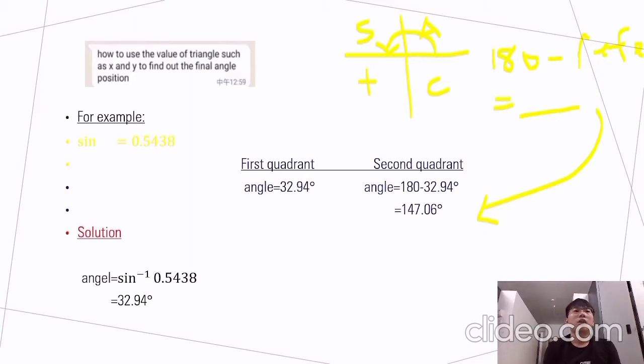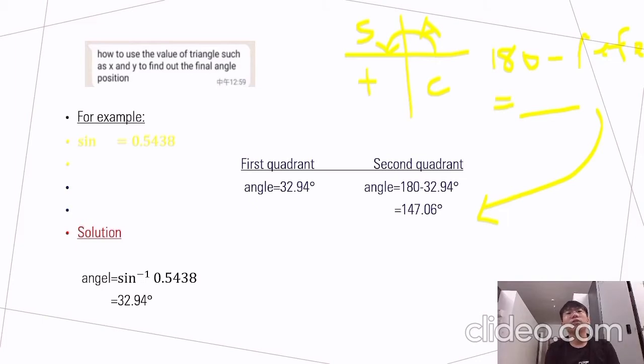So next, the next question: how to use the values of the triangle such as x and y to find out the final angle position. We have the example question, sin x equals 0.543. We can use the calculator to find out the angle. So we will have the first quadrant angle and the second quadrant angle.